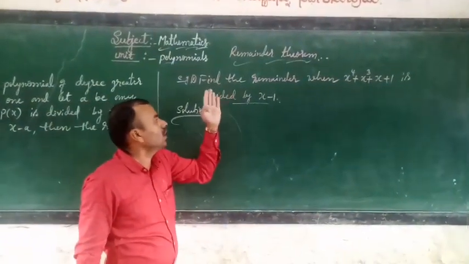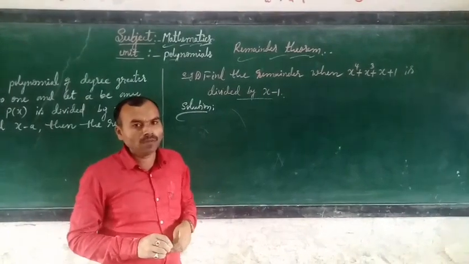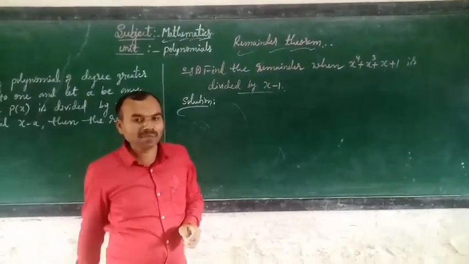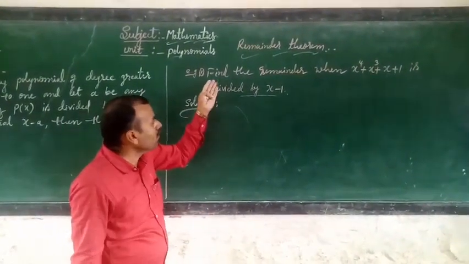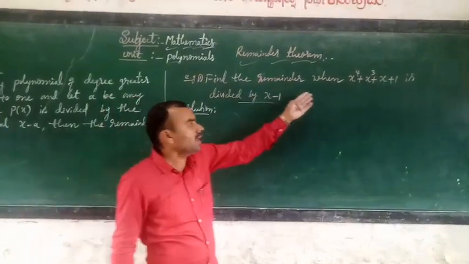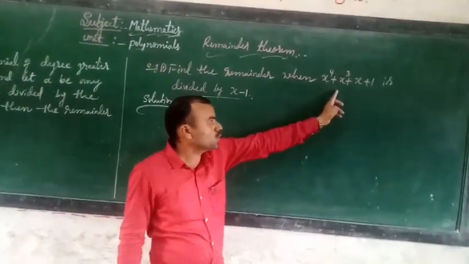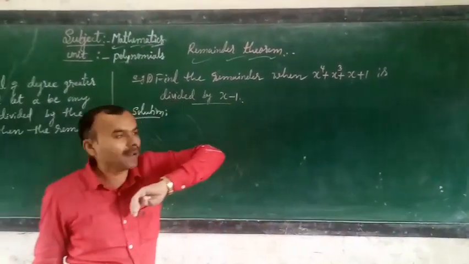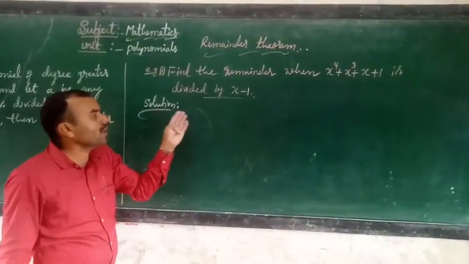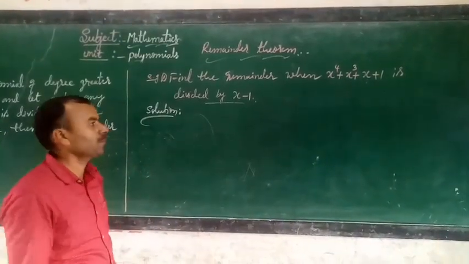Remainder theorem. Now first consider one problem. Next we state the remainder theorem. The problem: find the remainder when the polynomial x to the power 4 plus x cube plus x plus 1 is divided by x minus 1.